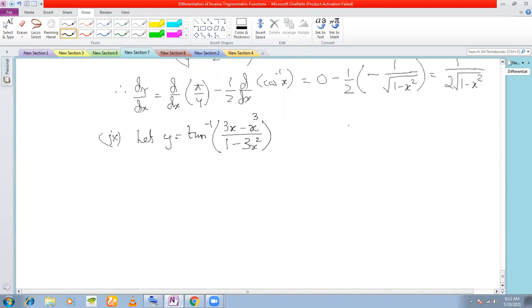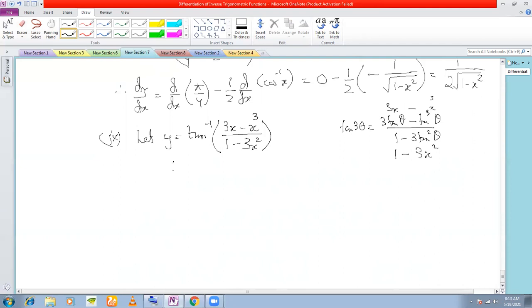Now, if you see this, it looks like tan 3 theta is equal to 3 tan theta minus tan cube theta divided by 1 minus 3 tan square theta. If you see the expression within the bracket, that is what it looks like, isn't it? This looks like x, this looks like x cube, and this looks like x square, right? So 3x minus x cube divided by 1 minus 3x square.